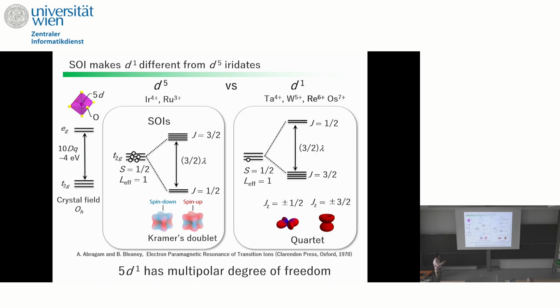As a result, you have a J = 1/2 state, which is a very important ingredient for Kitaev spin liquids. But in this case, we have a J = 3/2 state with 4-fold degeneracy, and this degeneracy gives rise to multiple degrees of freedom.